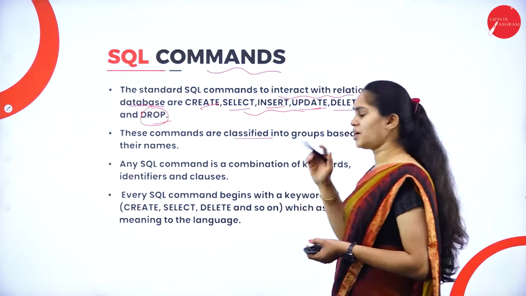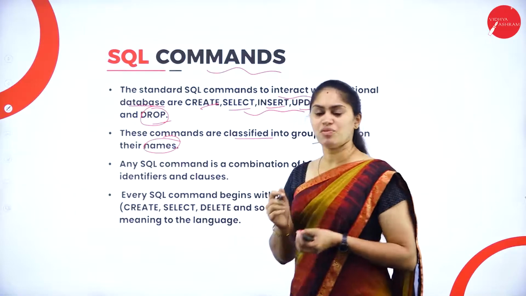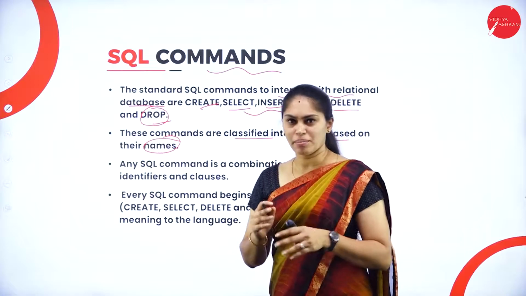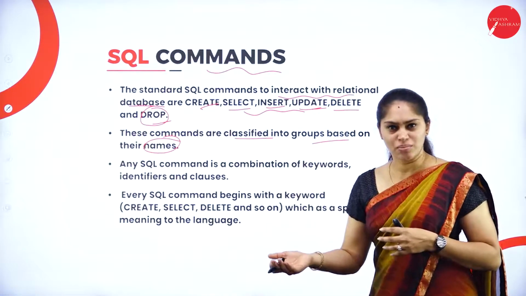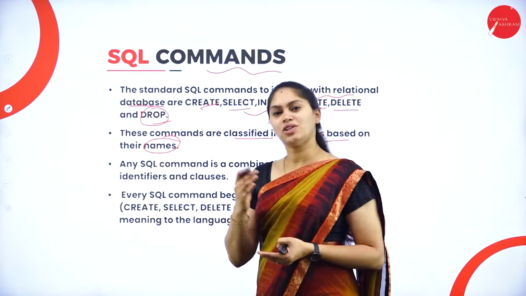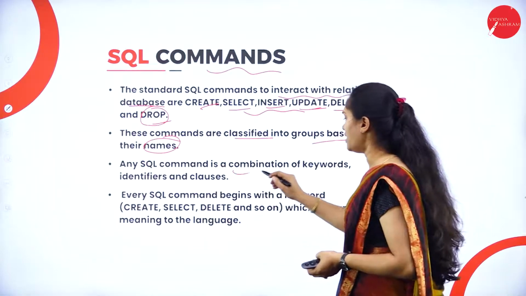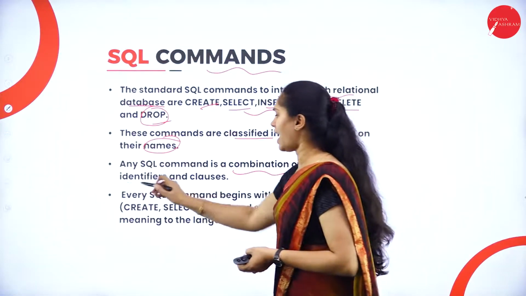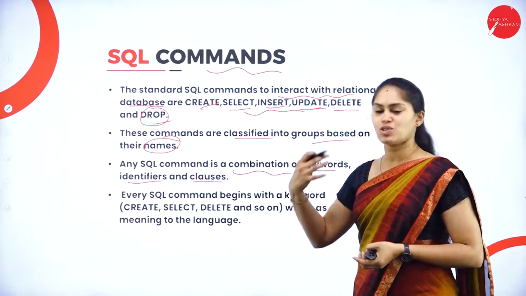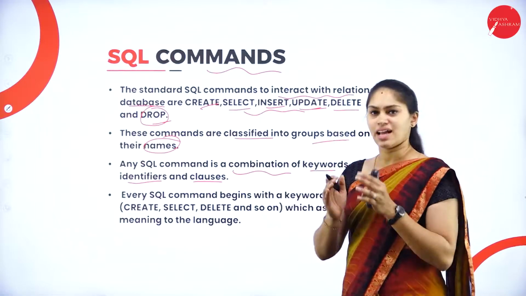Also, SQL commands are classified based on their name and the purpose for which we use them, whether for definition or for manipulation. An SQL command is a combination of keywords, identifiers, and clauses. We have many clauses, such as the WHERE clause, GROUP BY clause, and ORDER BY clause.